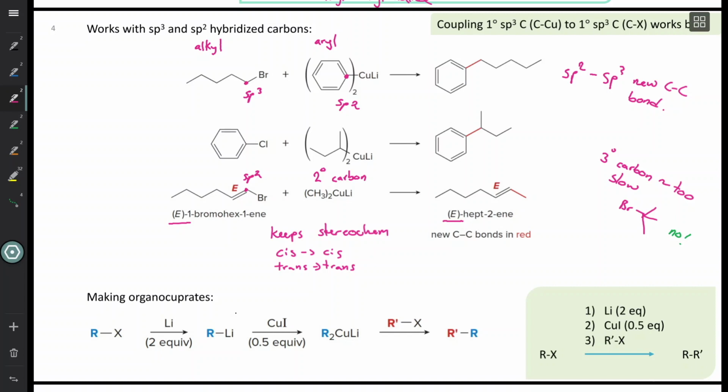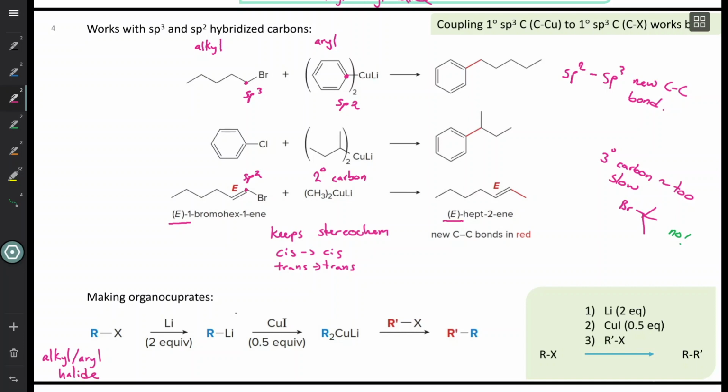How to make organocuprates, right? So this is a reaction between a halide and an organocuprate, but you can make your organocuprate from an alkyl halide. So that's pretty easy. So you start with your alkyl or aryl halide.